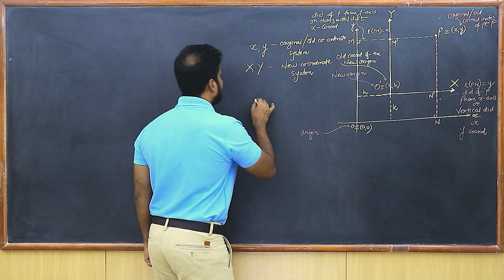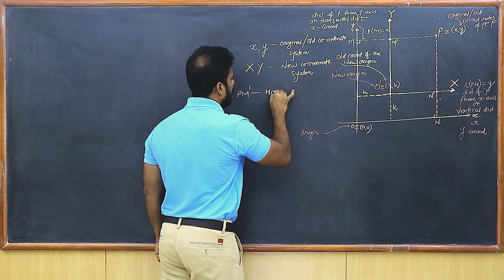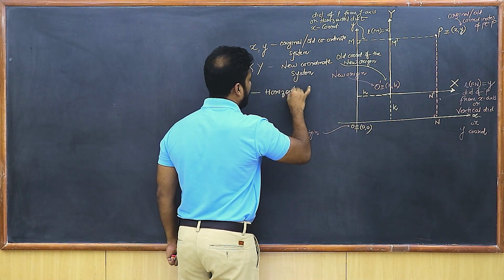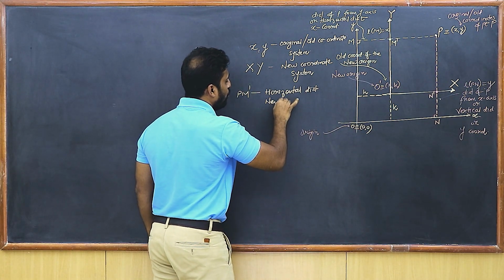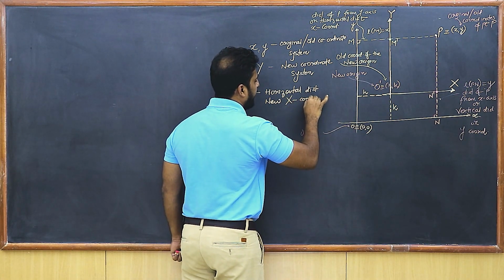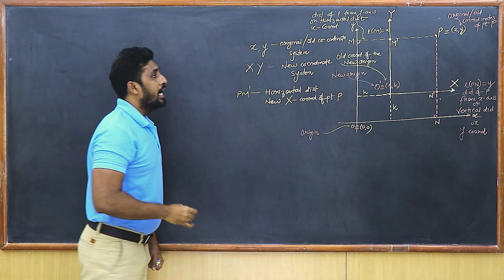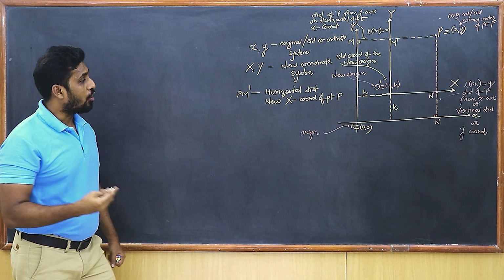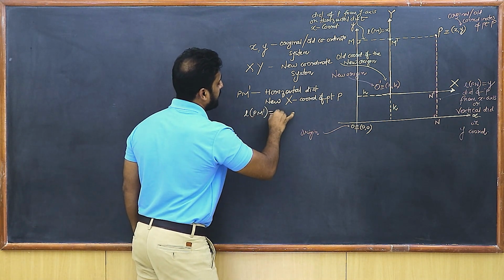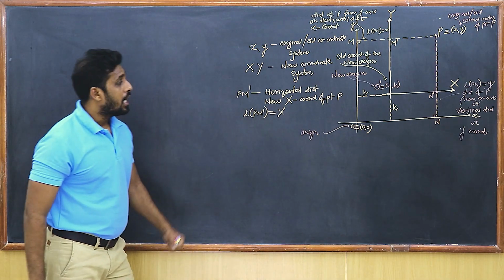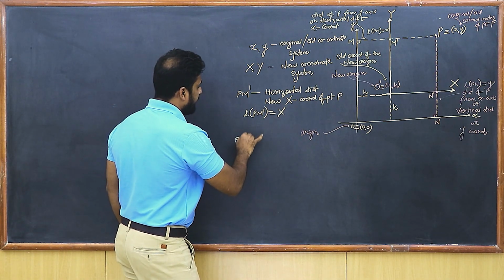So I'm going to write here, PM dash is the horizontal distance. That means it is the new x coordinate of point P, isn't it? It is the new x coordinate of the point P. So let us say the length of PM dash is taken as, say, capital X. Tell me what is PN dash.